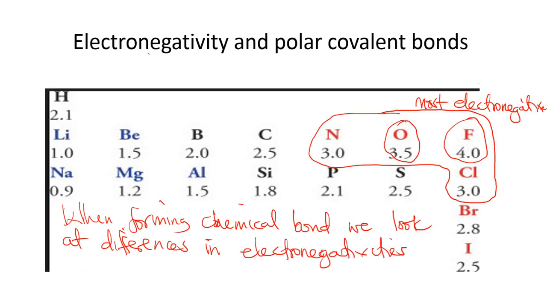So we will indicate that if this is the difference in electronegativity, this is the type of chemical bond that is going to be formed.